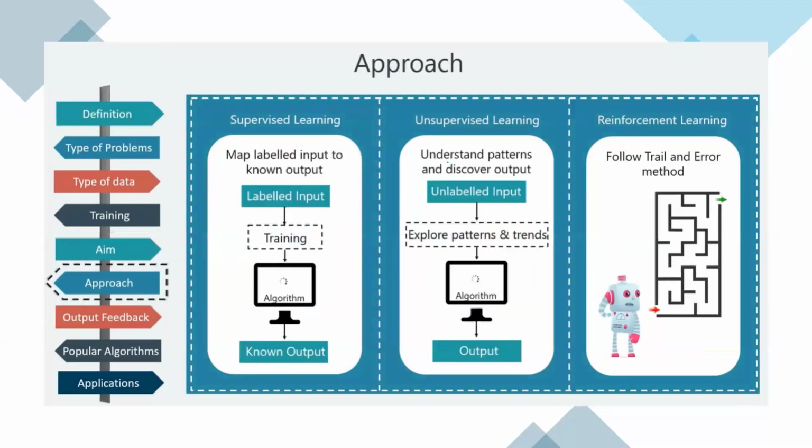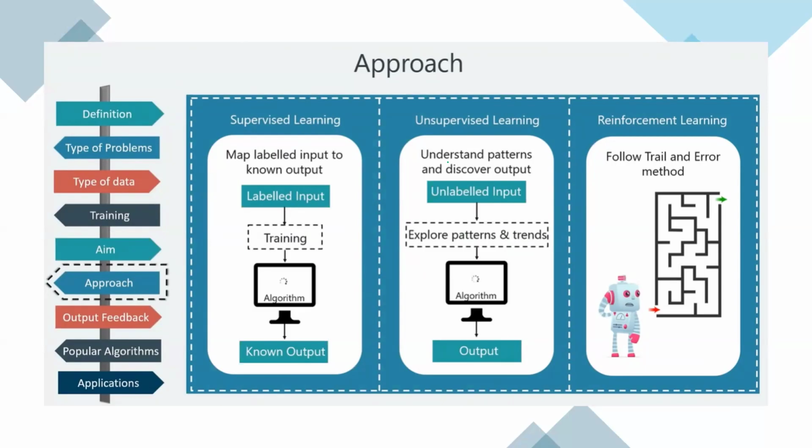So the approach, we already have discussed all of this, but these were kept in different slides. If you look at supervised learning, map labeled input to known output. You will have a labeled input and you're training the algorithm using those labeled inputs, and then you're getting an output which is known to you, right? Because you already have fed the outputs, based on the set of outputs that you have fed, you will get one output in future based on the test data that you will feed.